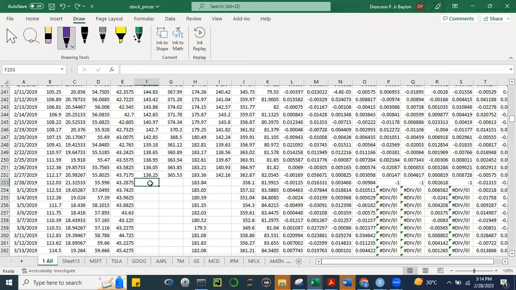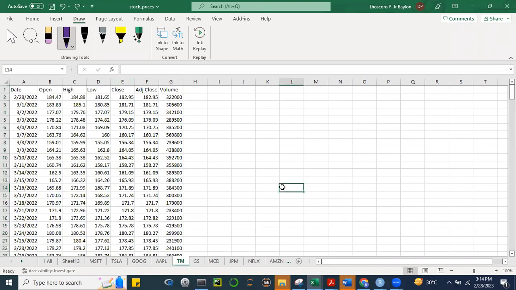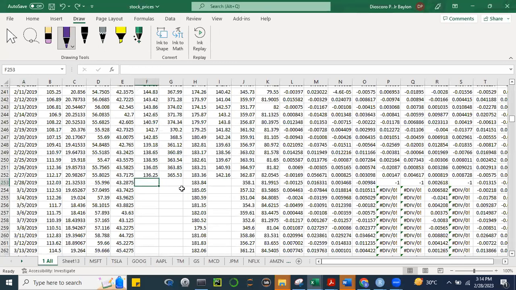Let's look at TM. This is what I didn't apply earlier. Take a look at this one. TM starts with 2022, so we have a mistake in TM. What else? That's why I said you better make sure that you check and then click apply.